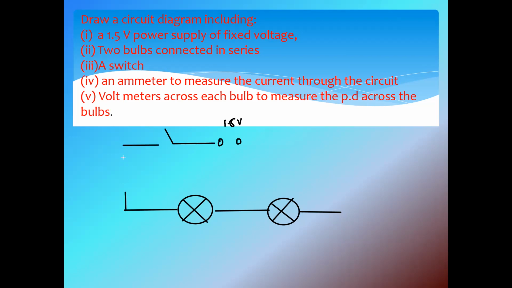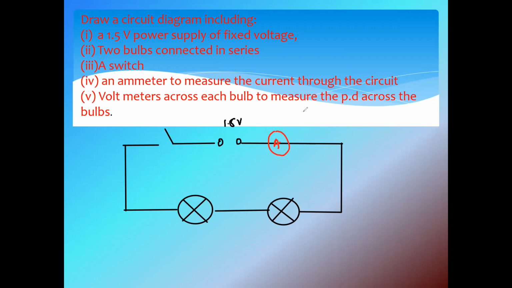So the two bulbs are connected in series with each other, and then they are connected to the power supply in series. Then we have to connect an ammeter to measure current. Because they are in series, they will have the same current, so we can connect the ammeter anywhere. I can connect it next to the supply, next to bulb 1, or next to bulb 2.